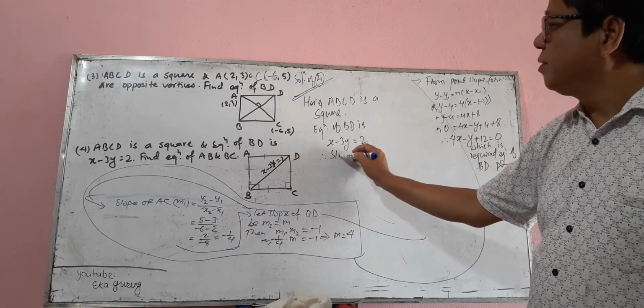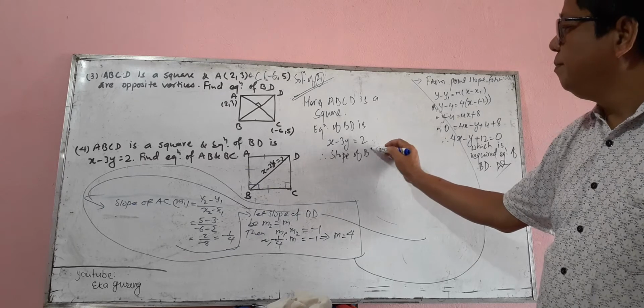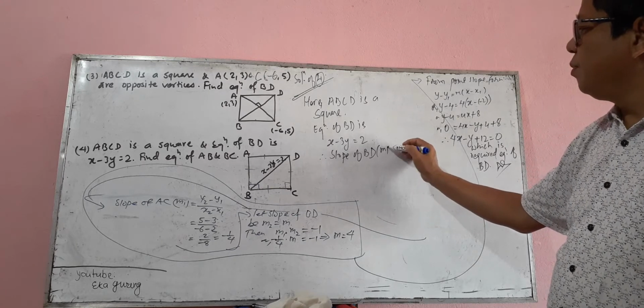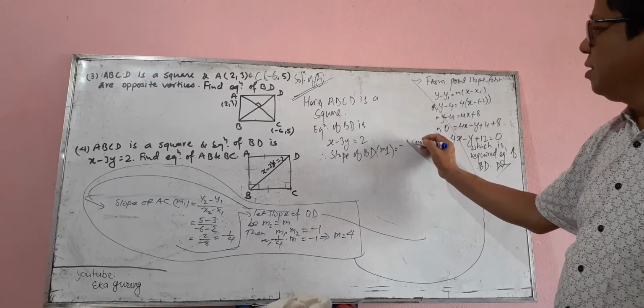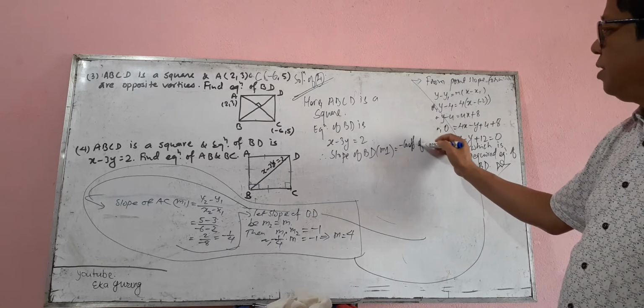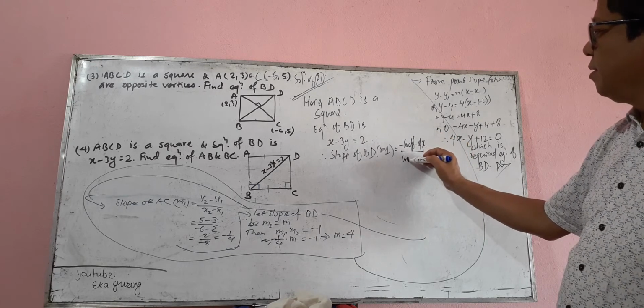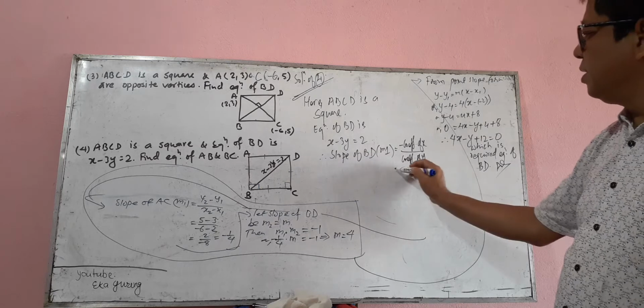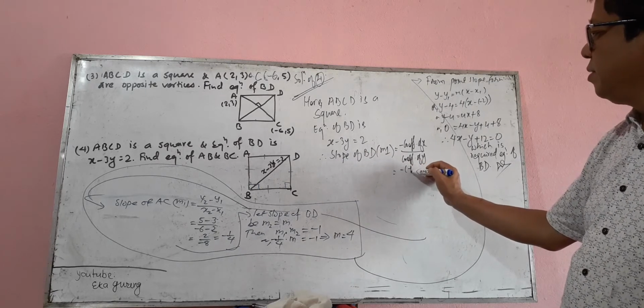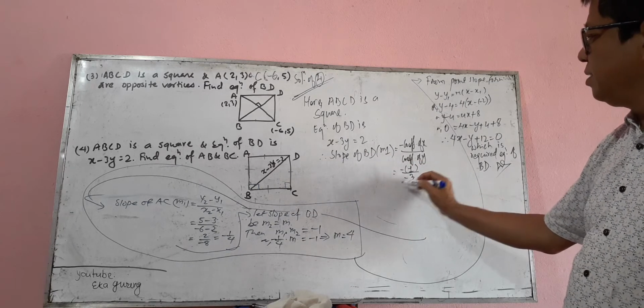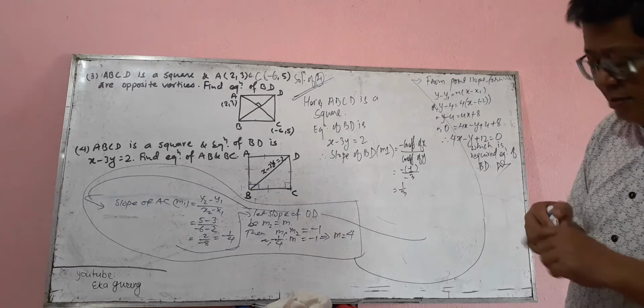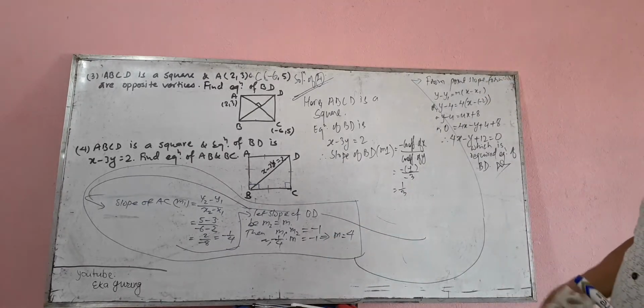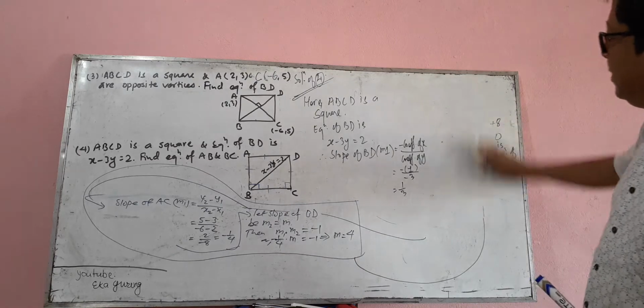So therefore you can find the slope of BD, that is M1, equal to minus coefficient of x divided by coefficient of y, and this equals minus 1 whole divided by minus 3, and this is 1 by 3. The slope of BD.